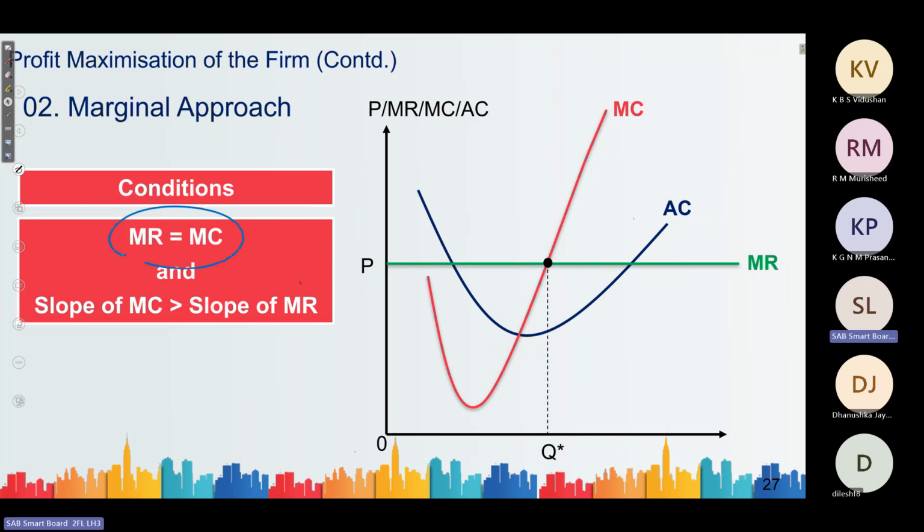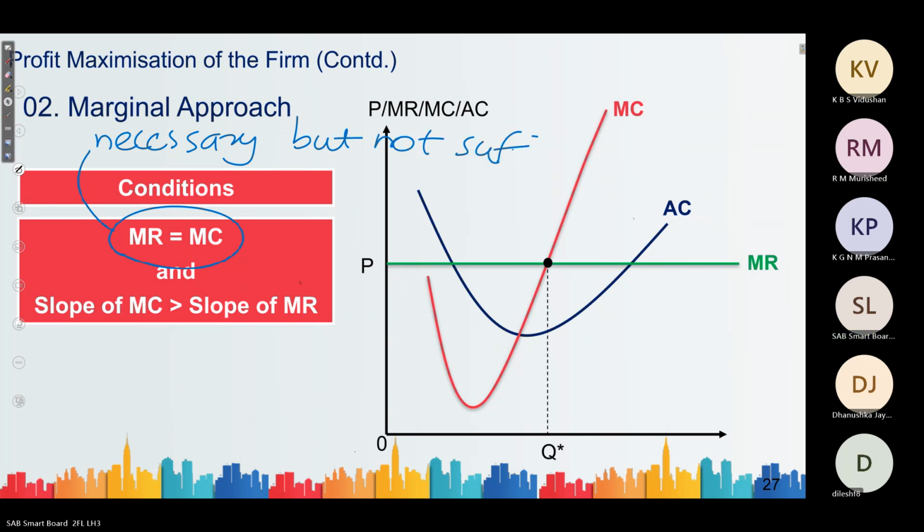MR equals MC condition should be there. It's necessary but not sufficient. Because when MR equals MC condition is satisfied, sometimes it's about loss maximization, not profit maximization.